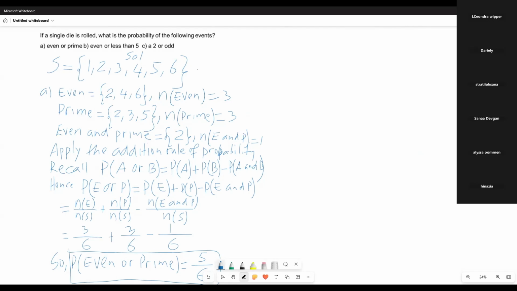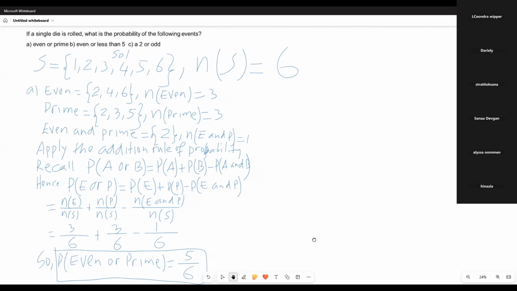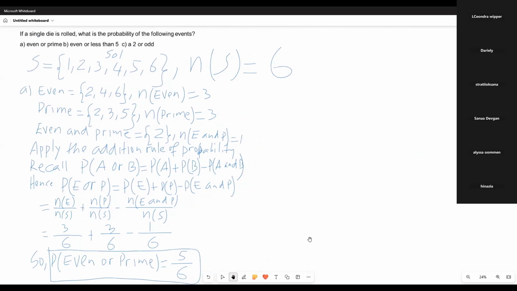So the number of outcomes in the sample space, that's n of S, is 6. Is this clear to everyone? Yes. Okay.